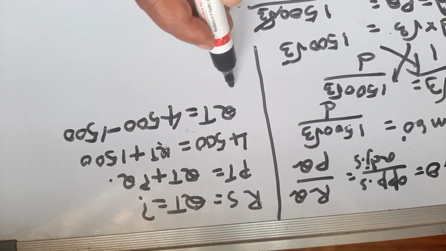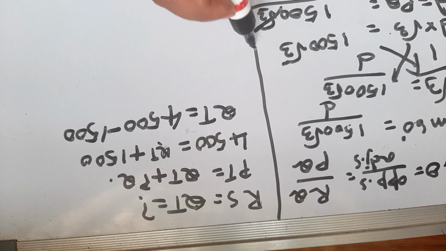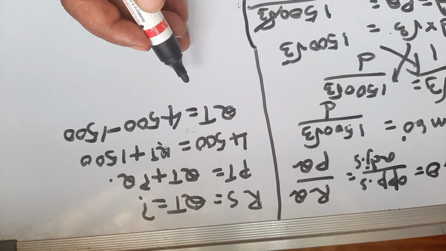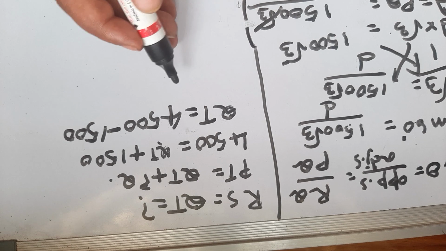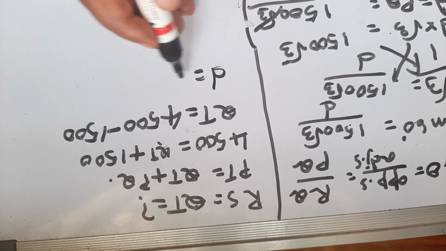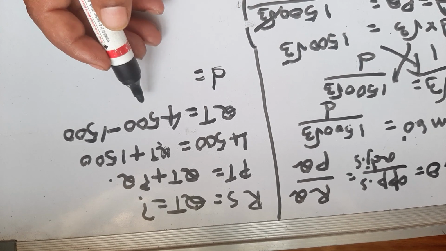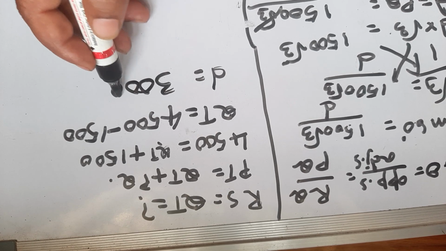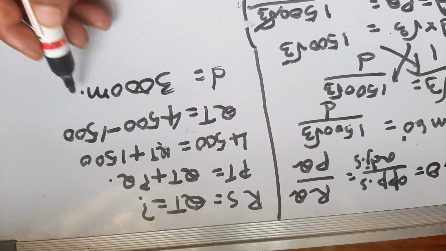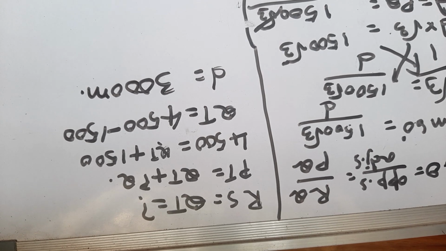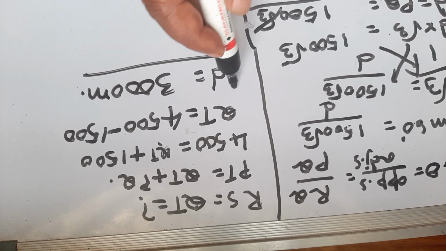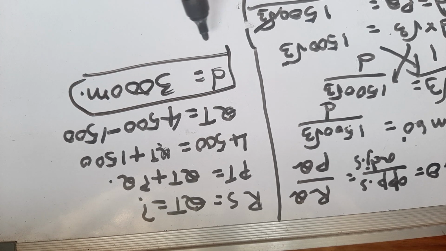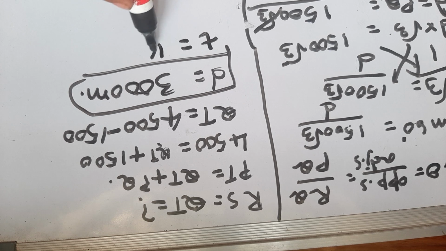So QT is the distance, 3000 meters. And the time is given as 15 seconds.